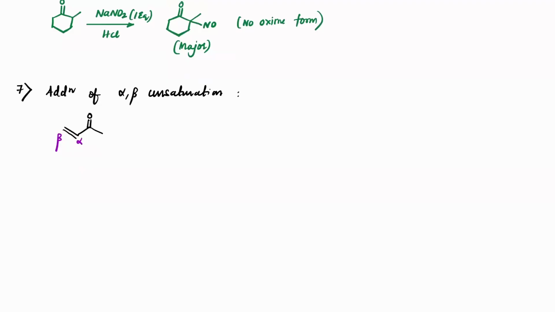Got it? So if an alpha beta unsaturated group is being added to by some electrophile and nucleophile, we would get products like this, where oxygen is connected to H and here you will get Y this way. Or we can also get a product where first we have a double bond here, O and H here, and the addition group Y here.